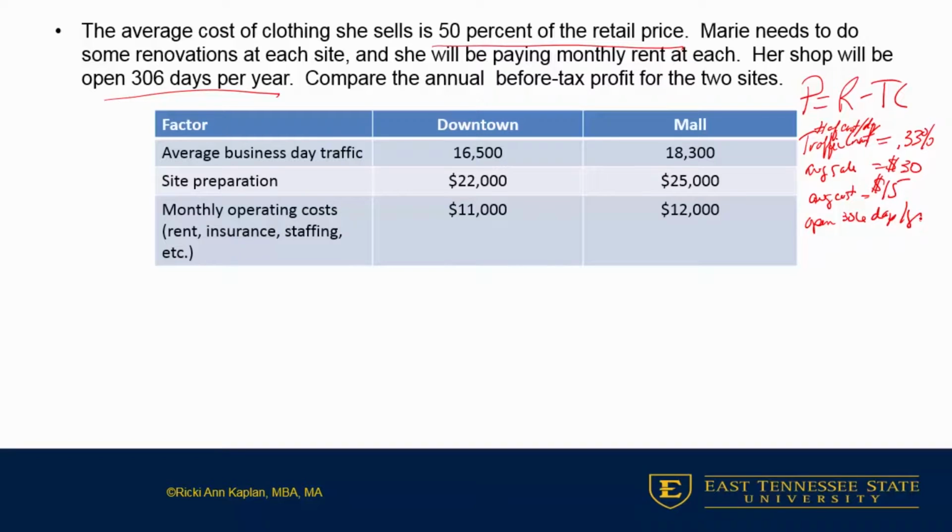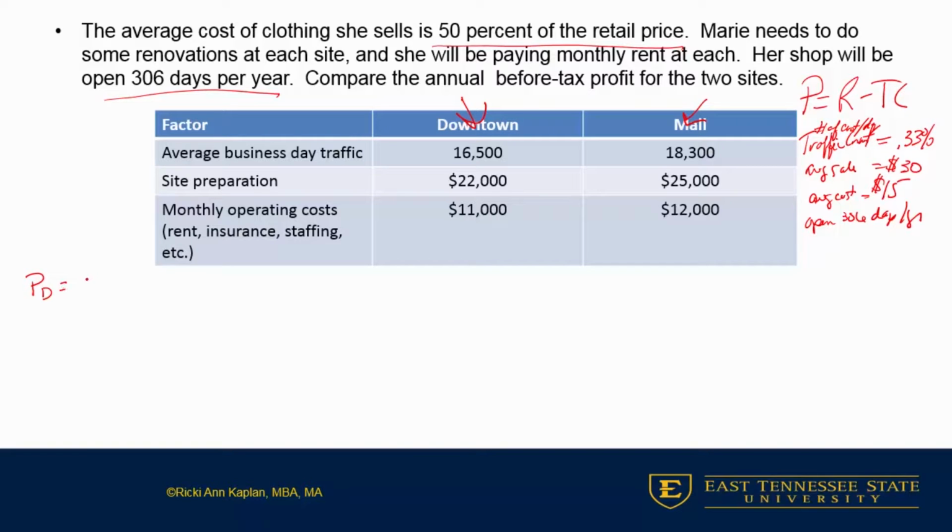So I need to take a look at downtown profit and mall profit. I'm going to start with profit for downtown. If I take a look at my revenue, what is involved in my revenue? Well, my number of customers is going to be 0.33% of the daily traffic count.